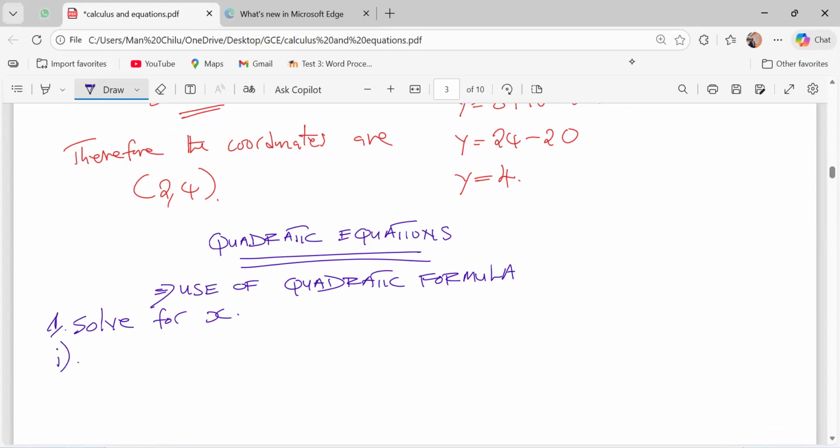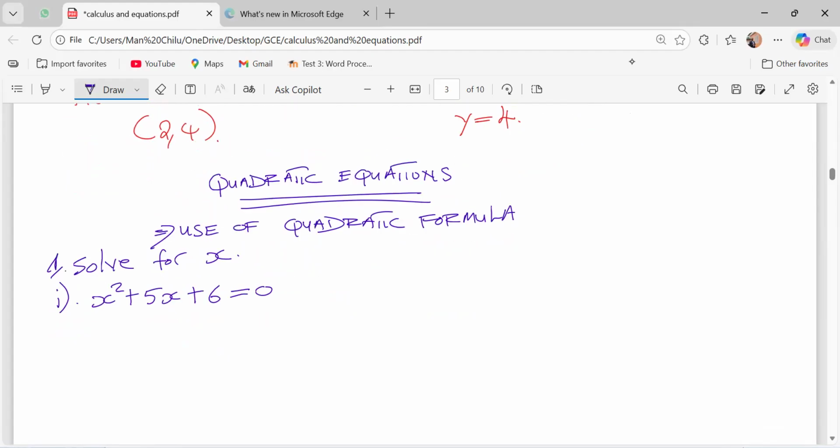Number one, we are given x squared plus 5x plus 6 equal to 0. We need to take note that where there's x squared, the coefficient there is 1.